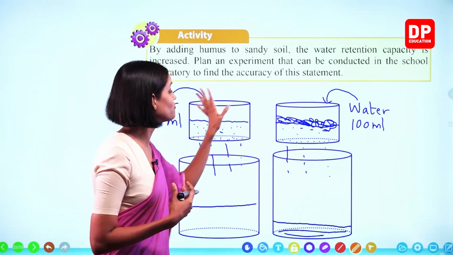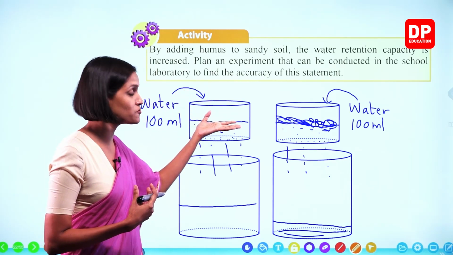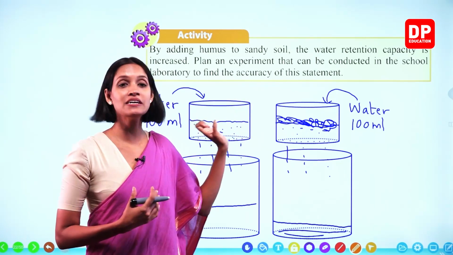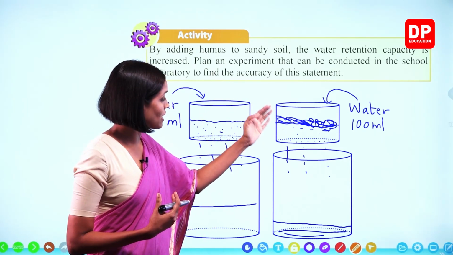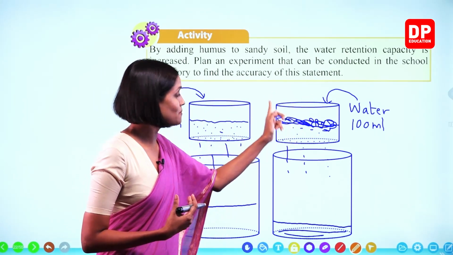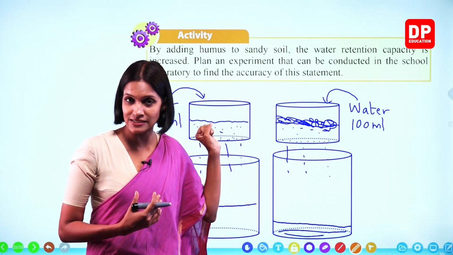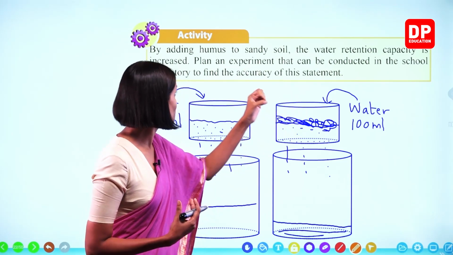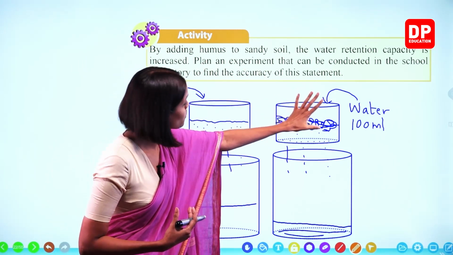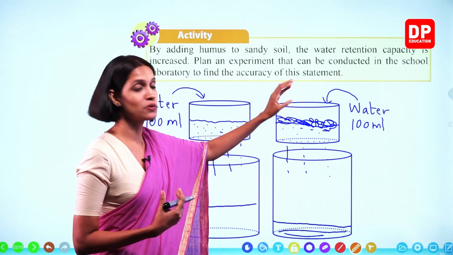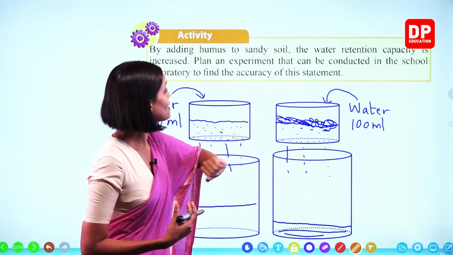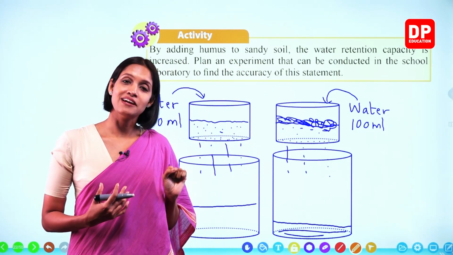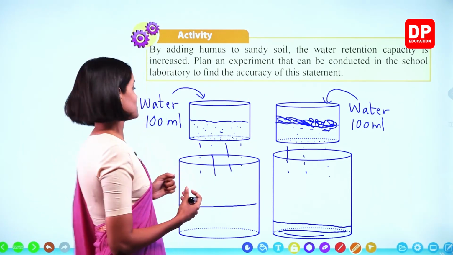The only difference was we used the same type of soil, same amount of soil, same types of cups. The only difference we made was we added some humus here, organic materials, right? So it's obvious now, by adding humus or organic materials to sandy soil, or any soil, water retention capacity is increased. Right, children? We'll move on to the next.